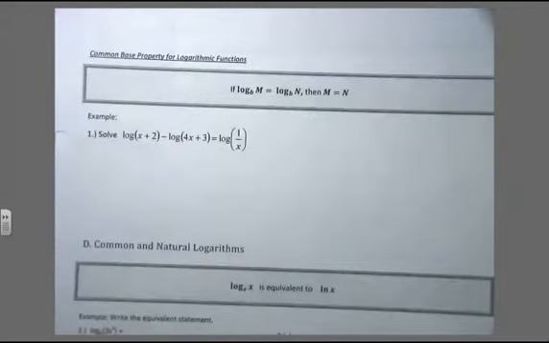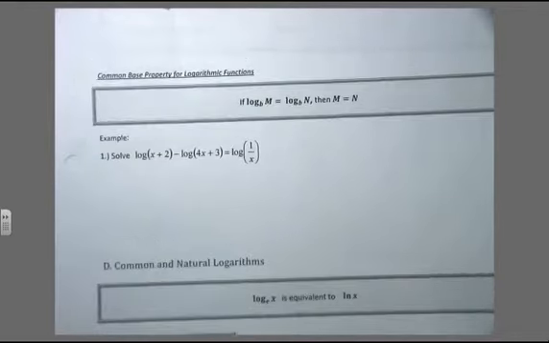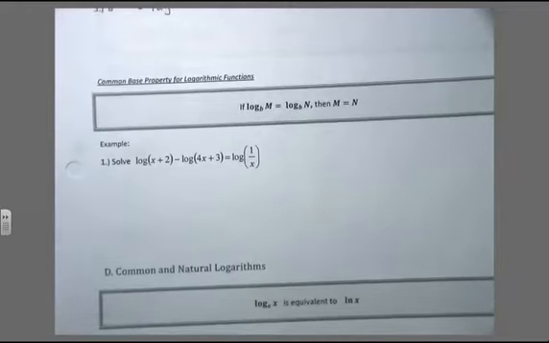Other log properties here. What we're ultimately trying to get you guys into is solving logarithmic equations. So, when I have an equation with a bunch of logs on it, here's the deal.